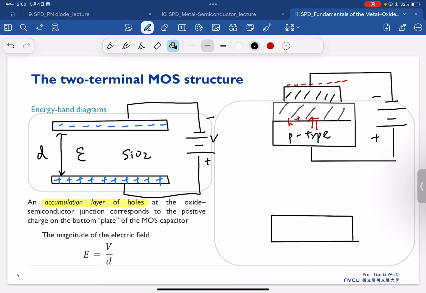So in the end we will see the holes accumulated in this region. That's why we call this hole accumulation.